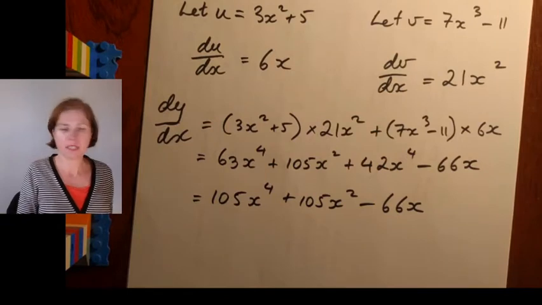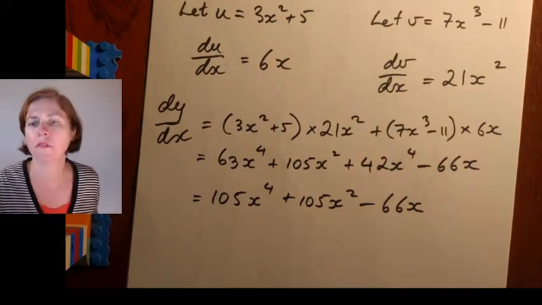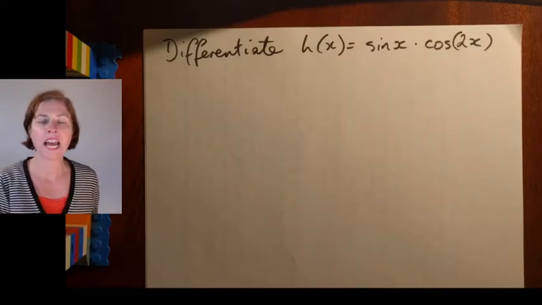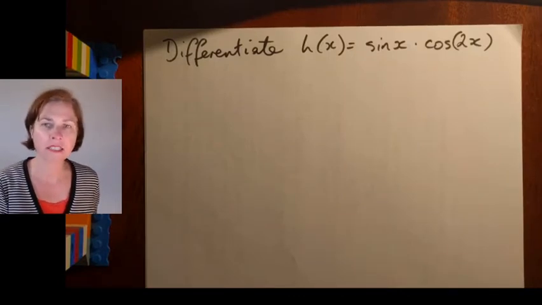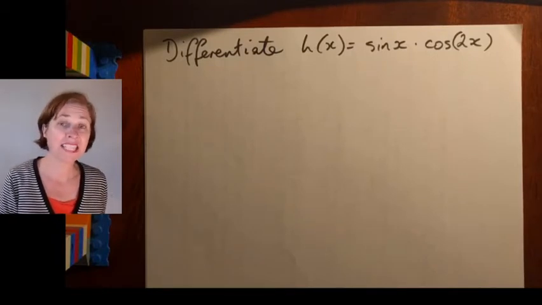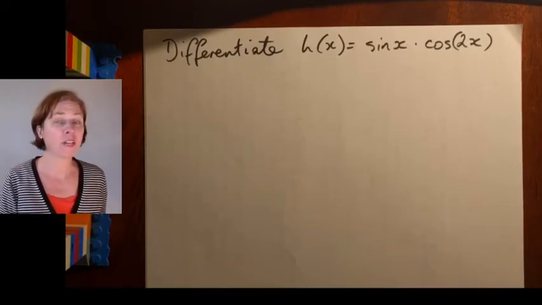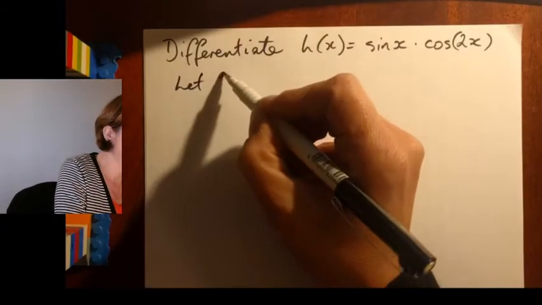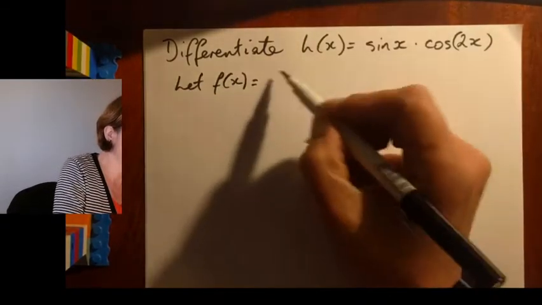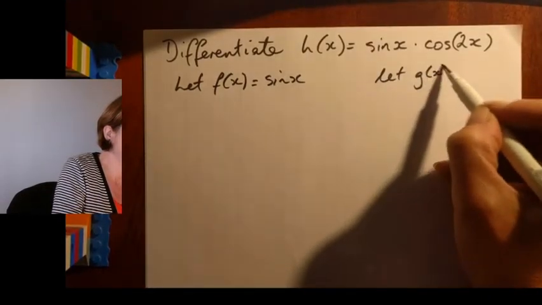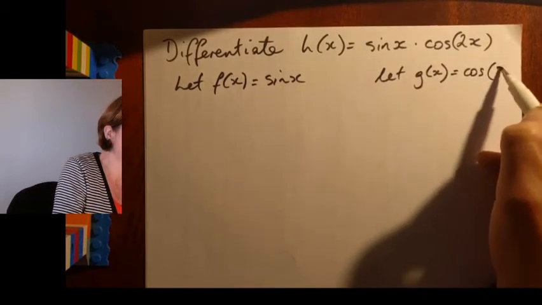All right, let's do another example. I'm going to differentiate h of x equals sine x times cos of 2x. So I need to differentiate sine x and I need to differentiate cos 2x. So first of all, I'm going to write let f of x equal sine x and let g of x equal cosine of 2x.